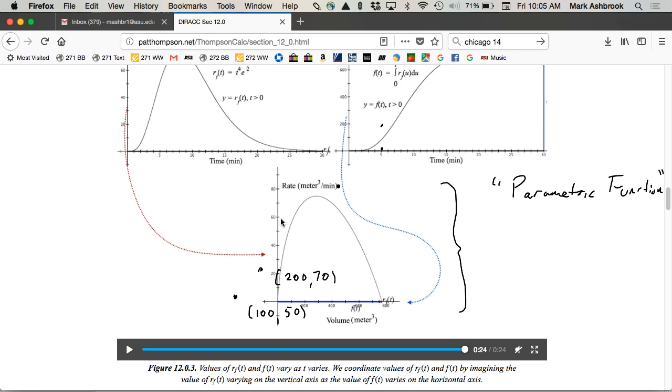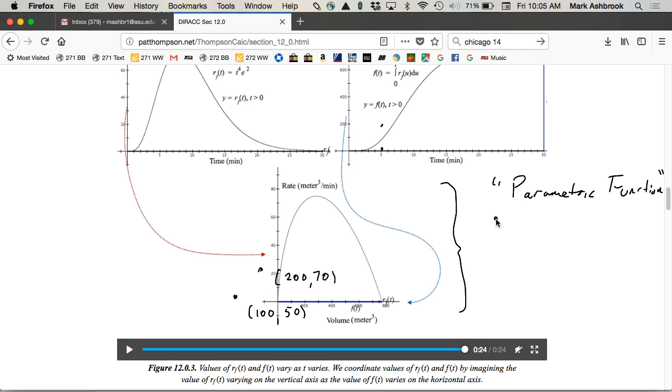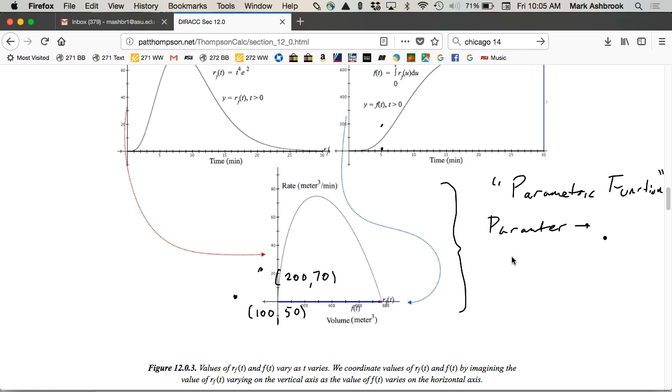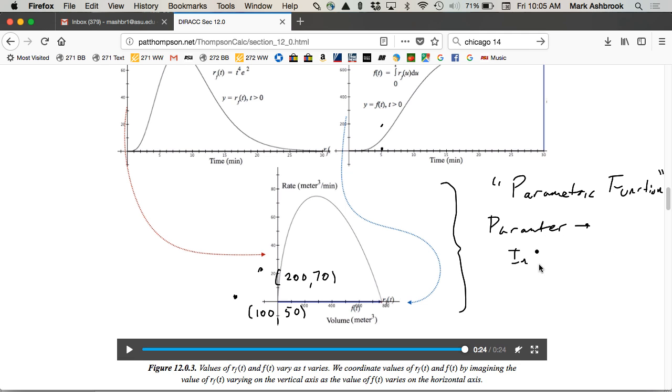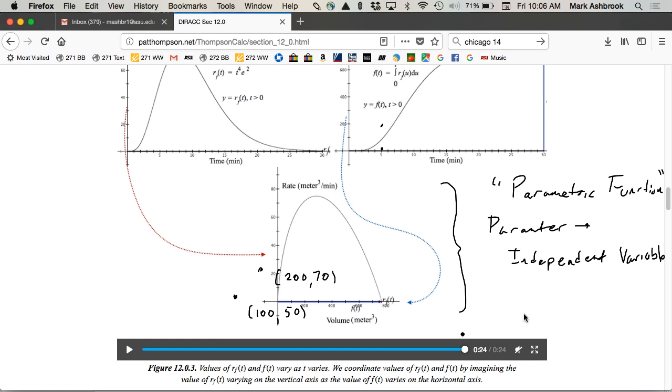What quantity is behind the scenes generating those correspondence points for that graph? What was it? Time, right? Time in minutes. So the parameter is our independent variable in these functions. But it doesn't get graphed. It doesn't end up as a coordinate on the graph.